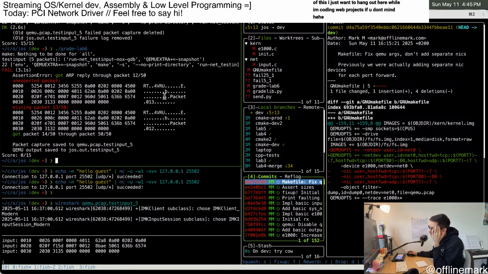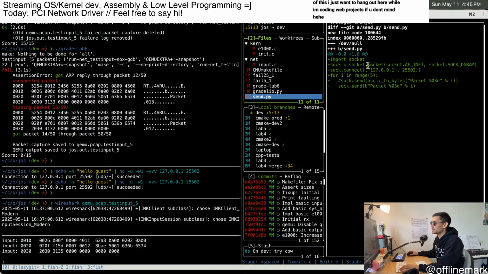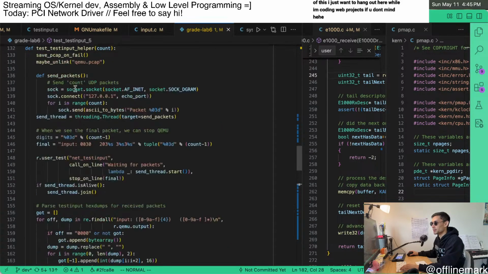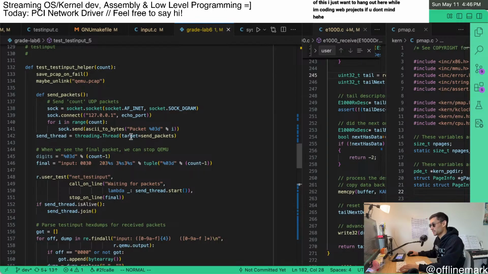So what I would like to do is reproduce this outside of the testing environment. I would like to just run my OS, and then use my send.py script, which I wrote as a very light simulation of what the actual testing script is doing.